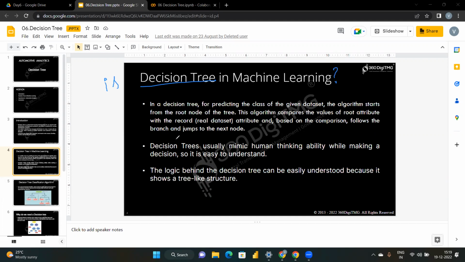Given the intelligibility and simplicity in decision analysis, a decision tree can be used to visually and explicitly represent decisions and decision making.